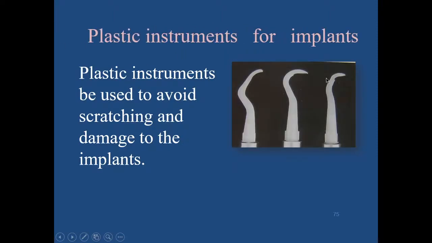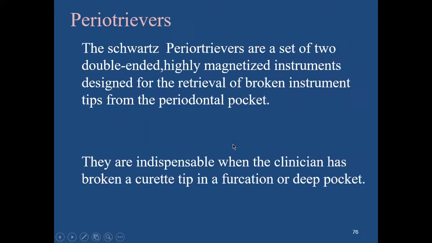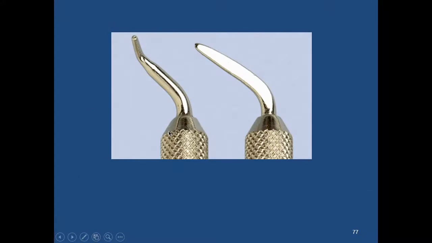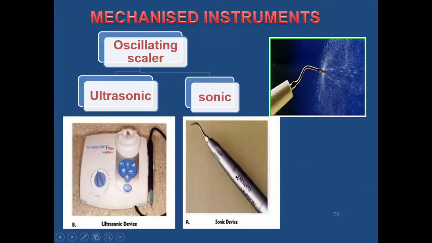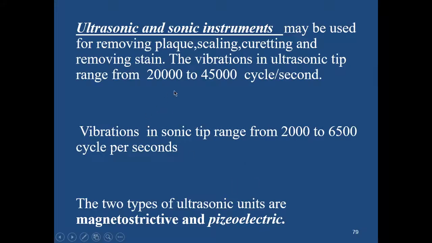Then the plastic instruments for the implant, and the pin drivers like this to get the broken instruments. The ultrasonics and the sonics: ultrasonics are used for removing plaque, scaling, debriding, and removing stain.